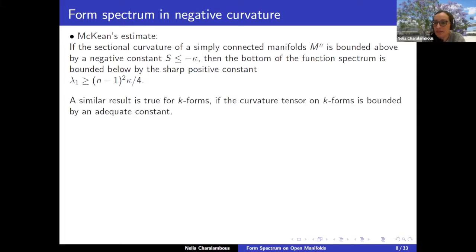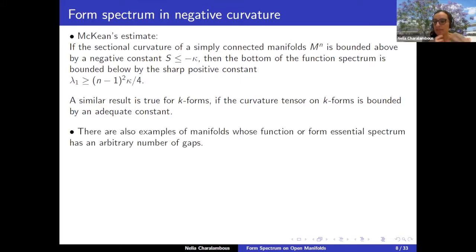And we can get a similar result for k-forms, but there we would have to subtract the lower bound of the Weitzenböck curvature tensor on k-forms. So we see that in negative curvature, the form spectrum or the function spectrum doesn't have to start at 0.